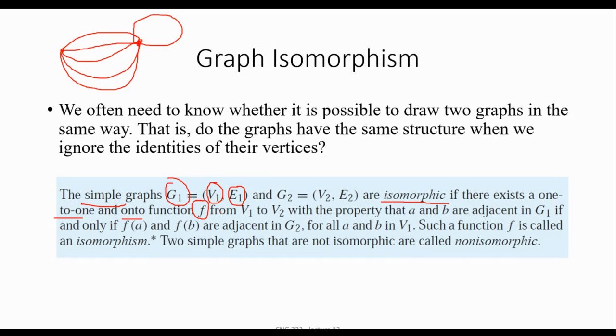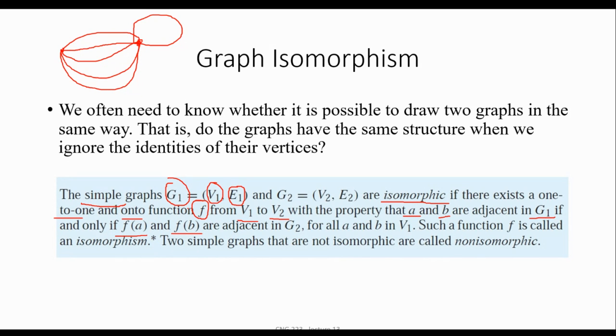So from V1 to V2, we are going from V1 to V2, with the property that A and B are adjacent, so we needed adjacent vertices because of this. A and B are two adjacent vertices in G1 if and only if f(A) and f(B) are adjacent in G2.